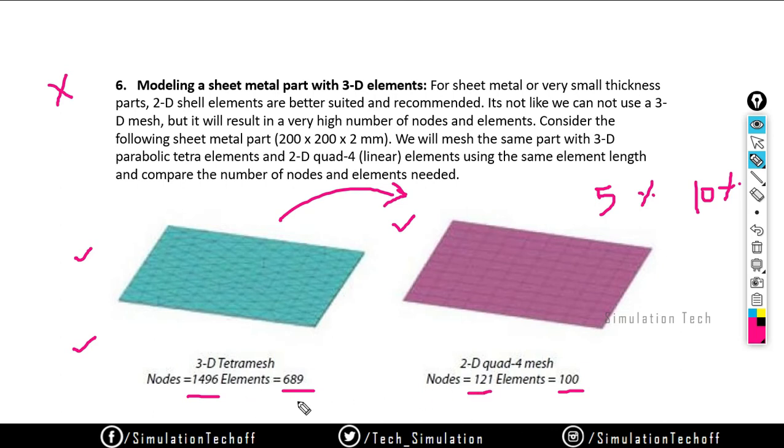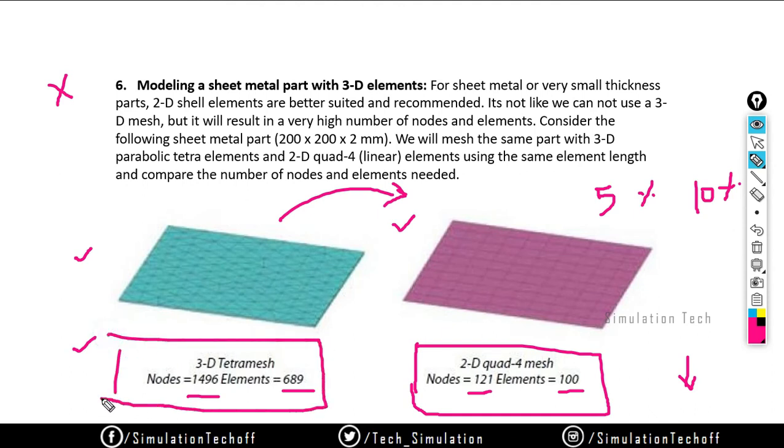So compare this factor: how many resources you need. You need fewer resources, like computing and processing time. Let's assume it is a complicated structure; when you go for 3D analysis for a surface geometry, you may get lakhs and lakhs of nodes. But if you are doing a 2D analysis, you can complete that model in thousands of nodes. So that is the main difference. You have to choose the right analysis path.